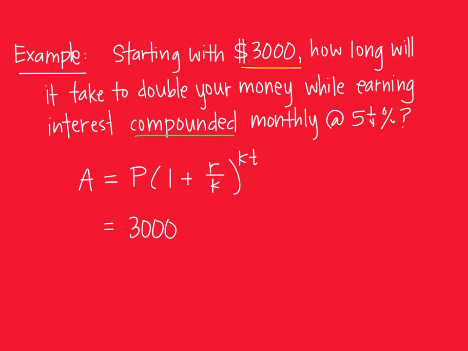Okay, and where would I put 12? Yeah, okay, so he's picking the word monthly. Okay, great. And where would I put that? Okay, now T is always going to be measured in years, and so I'm not going to put monthly in for 12 and for T, because that's not in years.